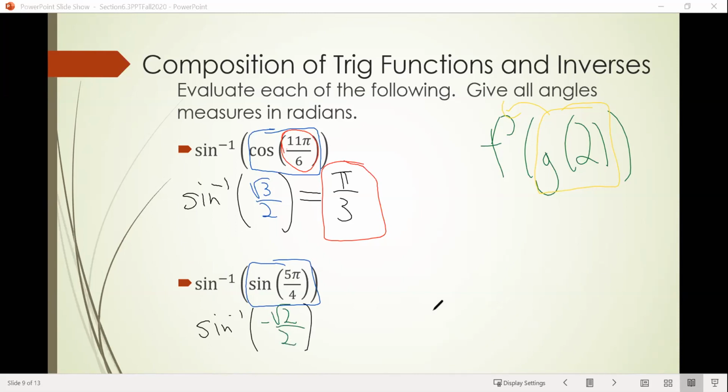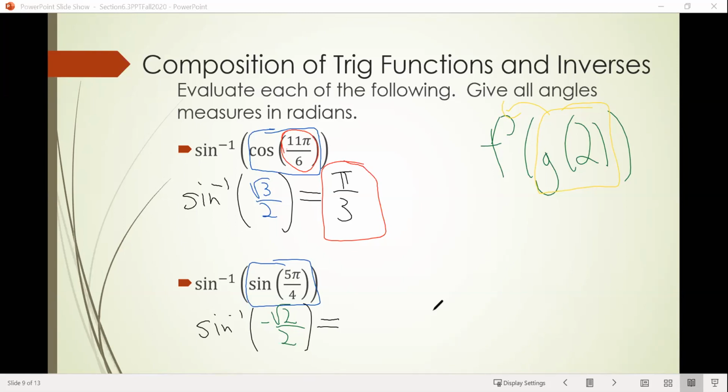And now when we go to do inverse sine of that, well, again, inverse sine only gives us answers in the first or the fourth quadrant, so that already rules out 5 pi over 4 as being an answer. So you have to think where between those two quadrants sine will be equal to negative root 2 over 2, and the answer there is the fourth quadrant. And where in the fourth quadrant does sine equal negative root 2 over 2?